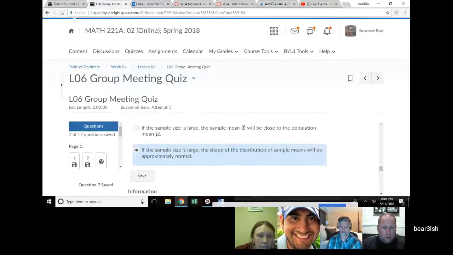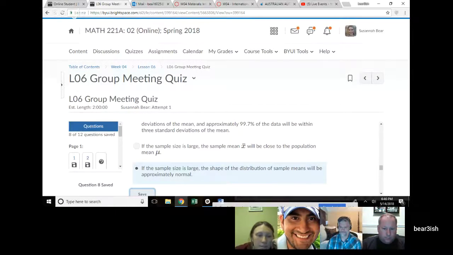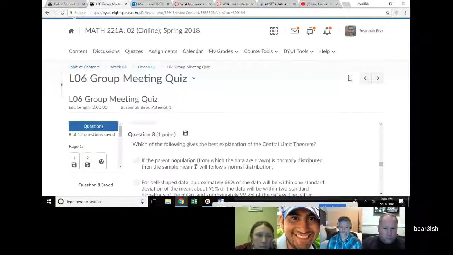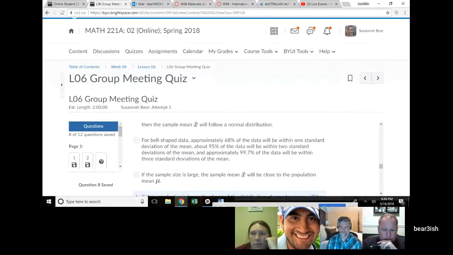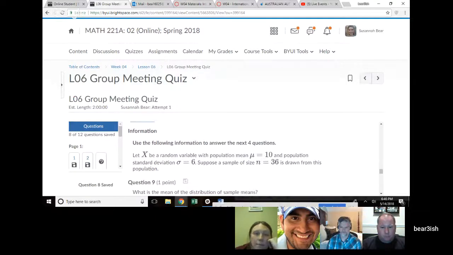D. They're so close, because both the population and it has to be large. I just remember the central limit theorem has to do with the shape. I don't know if that would help anybody else. That would, yeah.